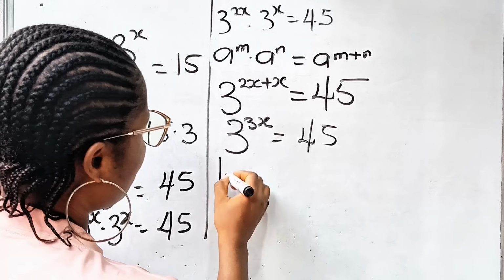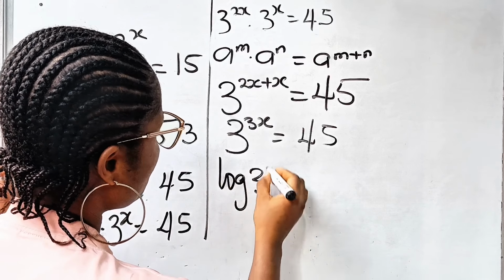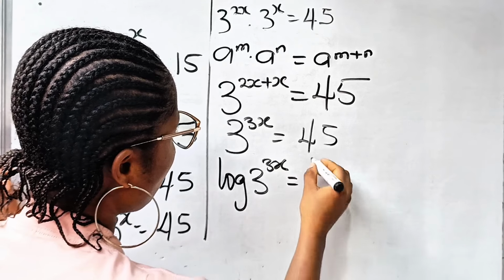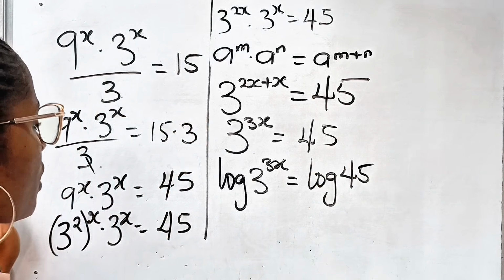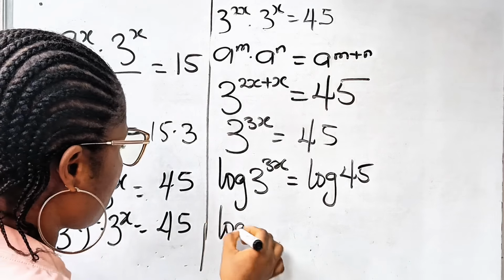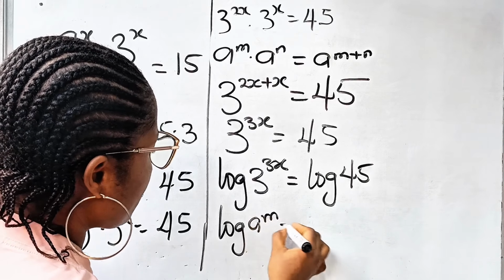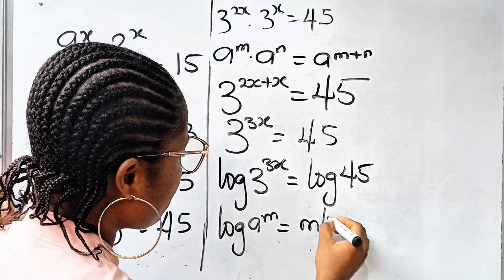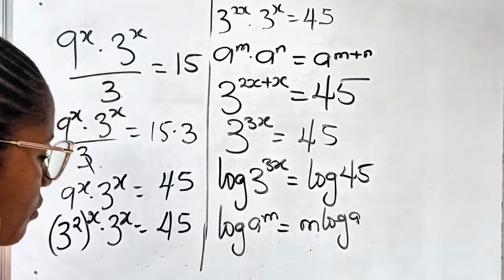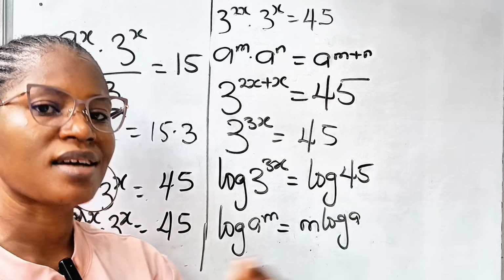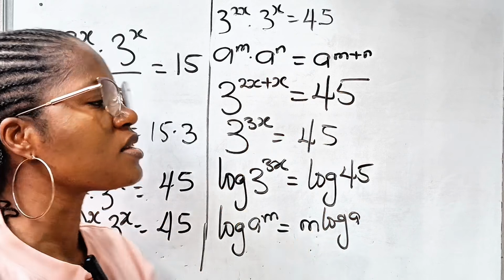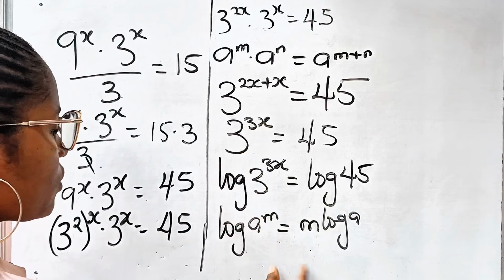So we are going to have log 3 to the power of 3x is equal to log 45. Now recall that log a raised to the power of m is same thing as m multiplied by log a. Therefore we are going to bring this down. Remember I said it needs to come down before we can solve it. So now we can bring it down using this law.